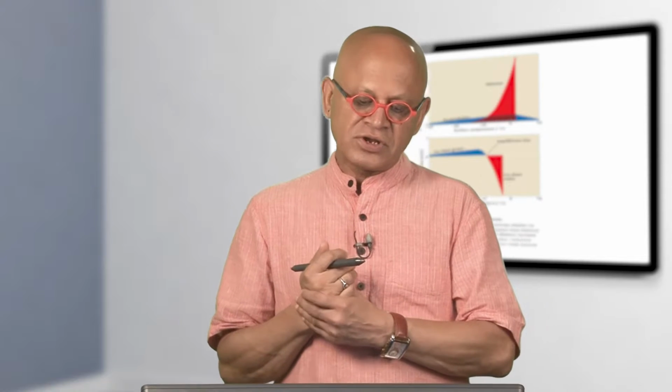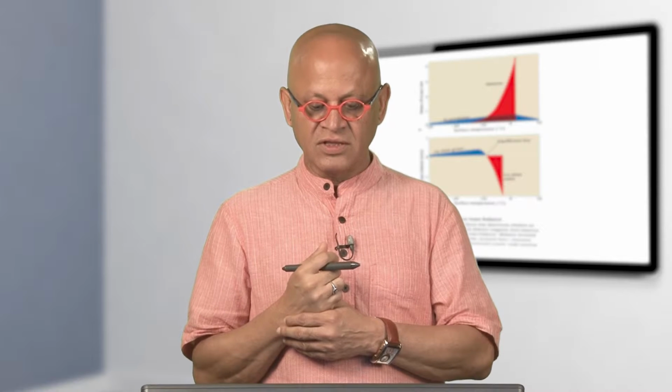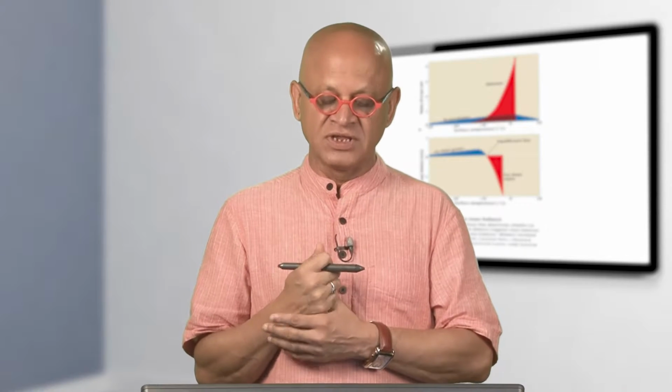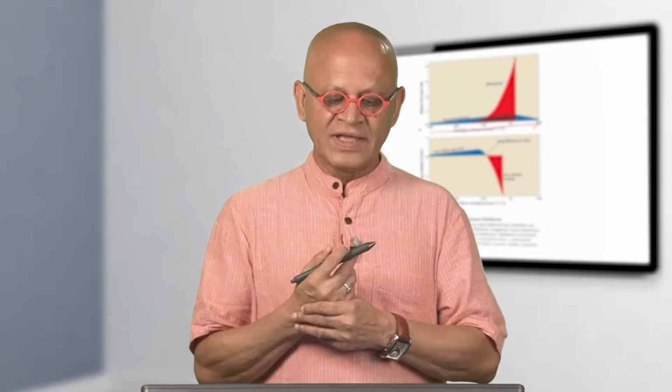The other important component of the orbital forcing response in the climate system is of course the growth and decay of glaciers, the advancing and retreating of glaciers. So, if you look at the surface temperature going from minus 30 degrees to plus 10 degrees, the main processes that determine whether the glacier grows, in which case it is accumulating mass, or retreats, losing mass through ablation, depend on the rates of accumulation and the rates of ablation.